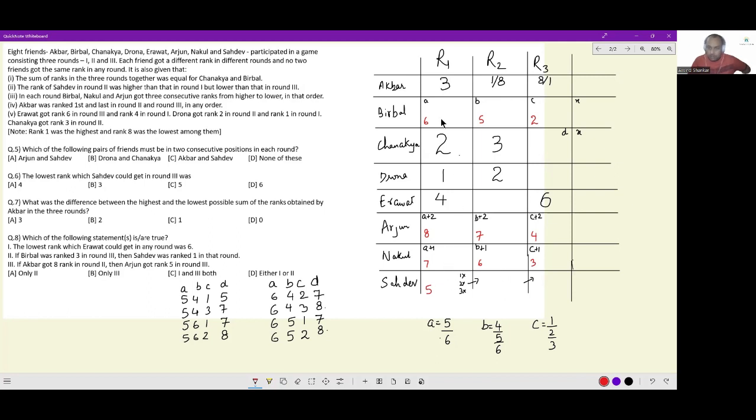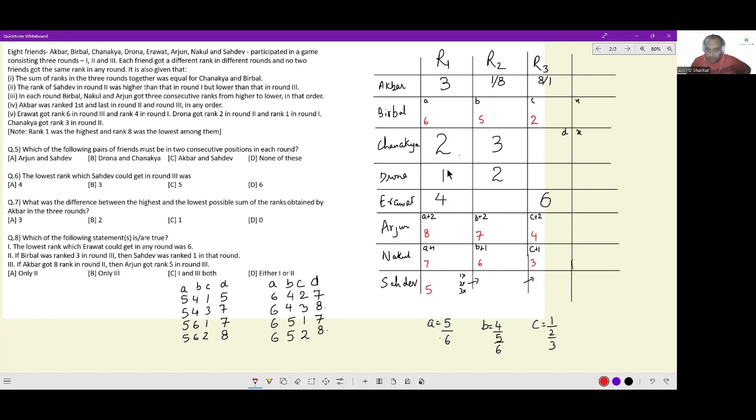Yes, I've got a 3. In the second column, I don't have a 1 so far. 1 is not gone, 2 is gone, 3 is gone, 4 is left. 5 is gone, 6 is gone, 7 is gone, 8 is left.